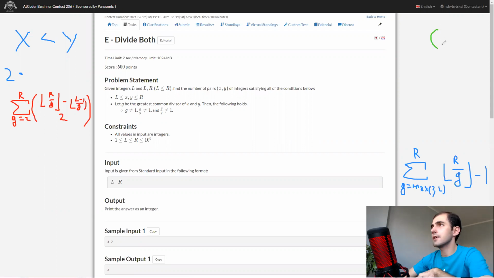So imagine we have a pair xy. For which values of g does it get counted at the moment? Imagine that their greatest common divisor is some value k. How many times do we count them?